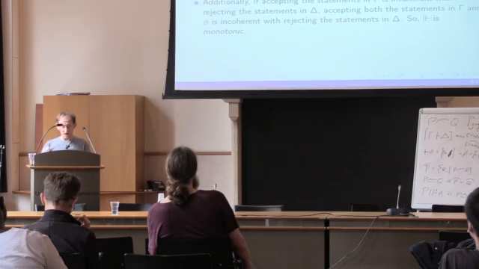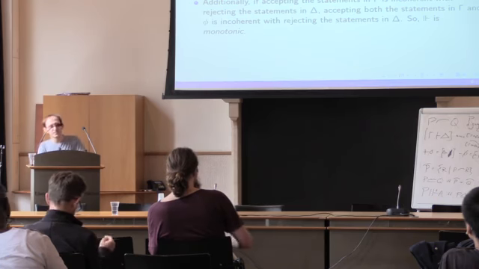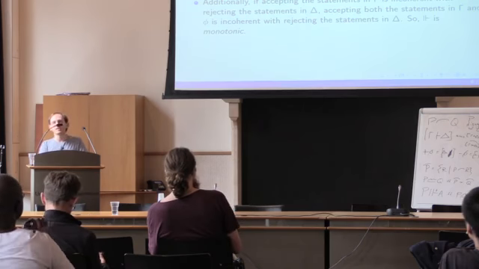Okay, additionally, if we also have weakening, then the resulting consequence relation is monotonic, because if accepting a bunch of statements is incoherent with rejecting a bunch of other statements, then if we go on to accept or reject more things, it will still be incoherent. That is, we cannot suddenly become coherent by accepting or rejecting more things.